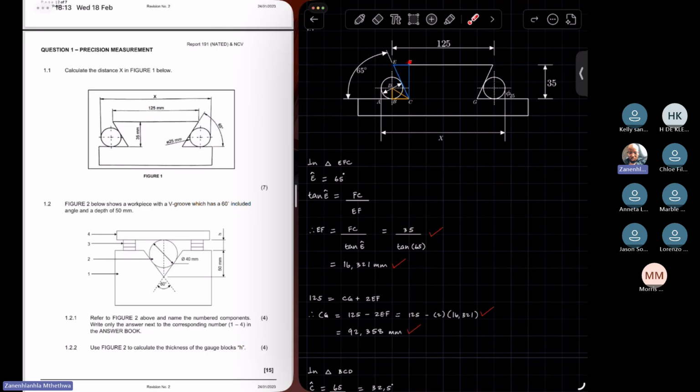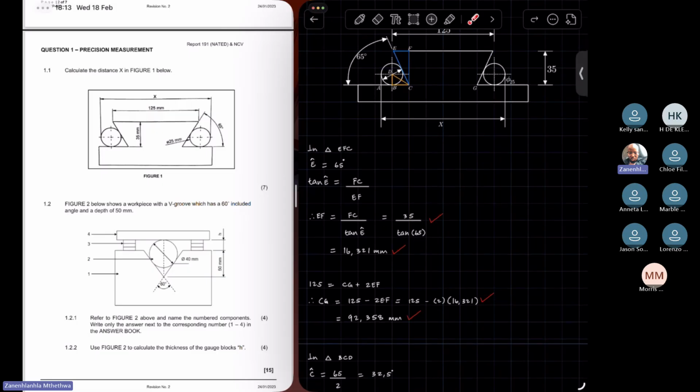In this case, we're looking for EF. Once you have EF, essentially you will have this measurement, and 125 minus twice EF will give you CG. Just a couple of things you need to work out in your head before even starting your solution. Once that is done, essentially half the problem is solved.